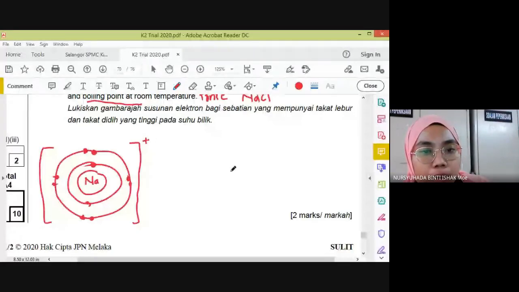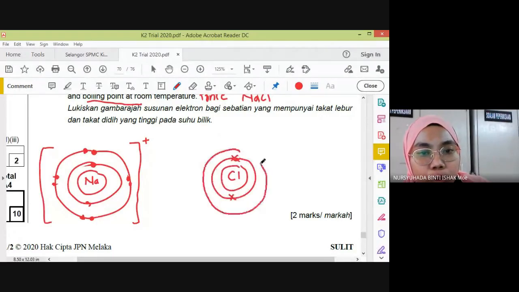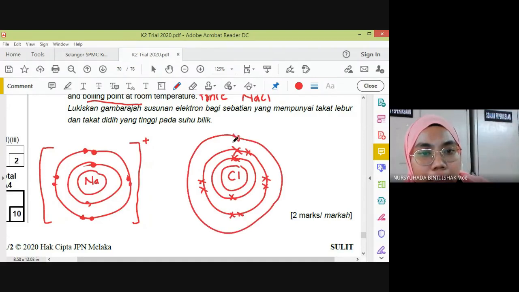Okay, now kita draw for Cl pula. Okay, we use different symbol of electron. 2, 8, 8. Ingat tadi, chlorine tadi tu dia dah receive 1 electron from sodium. Okay, tengok cikgu buat satu dot ni merujuk daripada Cl.